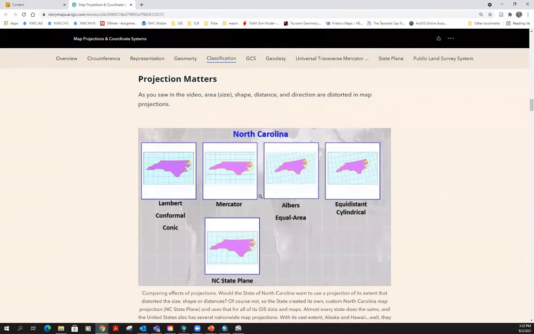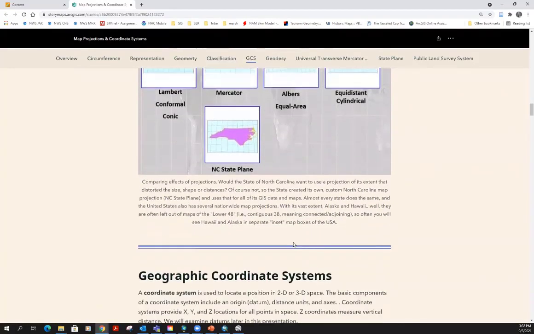So the Lambert conformal conic projection is the basis of that. It is a cone wrapped around the Earth that projects on North Carolina, and that cone, if you imagine, intersects North Carolina. There you can see the state in its best shape and area, with minimized distortion.